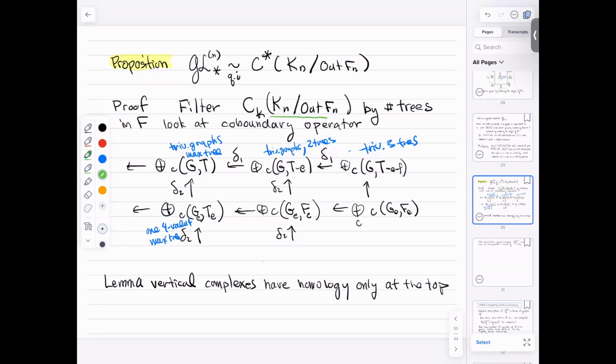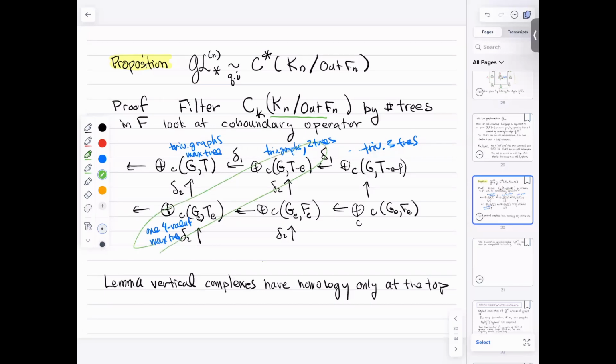The C_k is how does it go? Yeah. So the k-dimensional cubes correspond to graphs with forests with k edges.